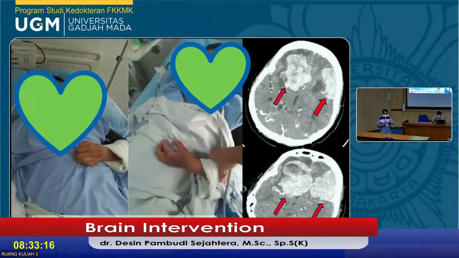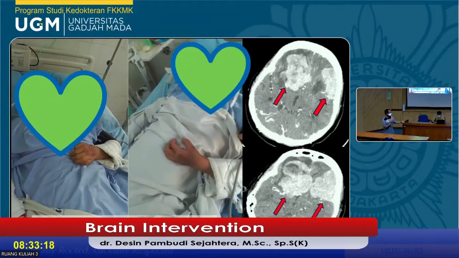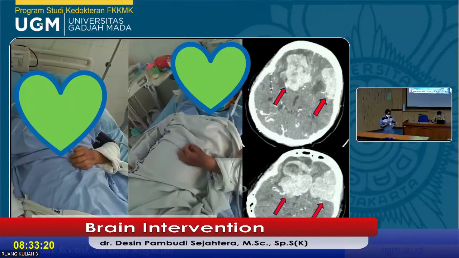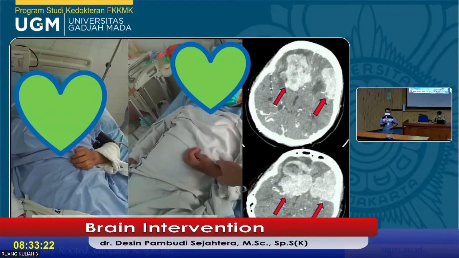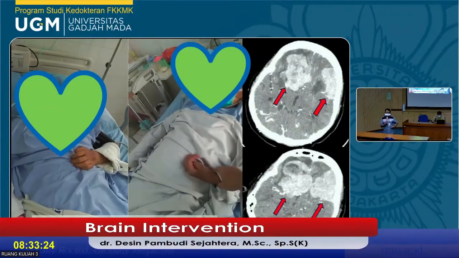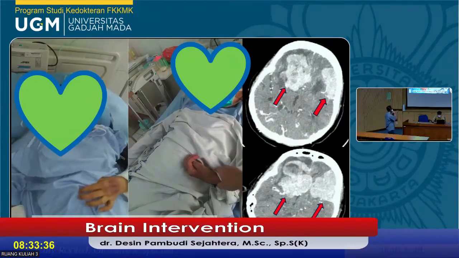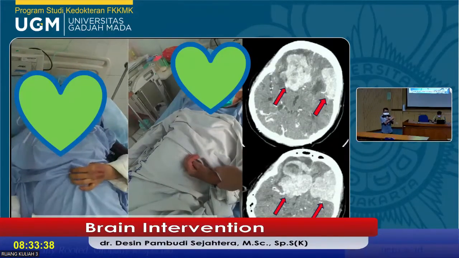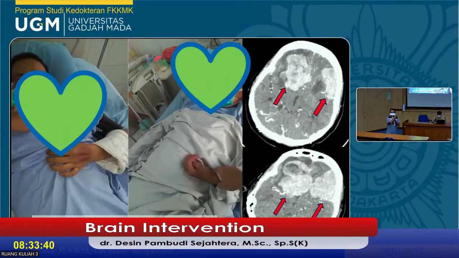This one: jerk, flexion of the left hand, and automatism. Automatism is repeating movement. Actually this patient has meningioma on both sides of the hemisphere, so this is brain tumor related seizures, or seizures related to brain tumor.